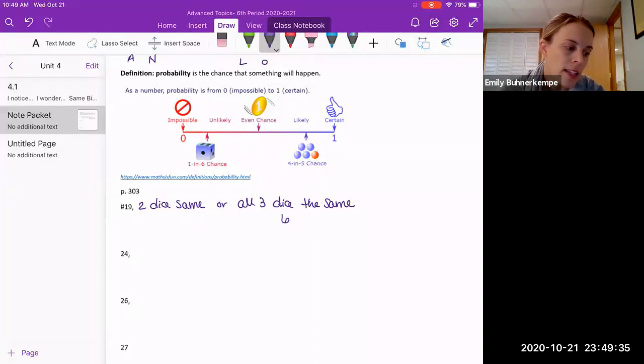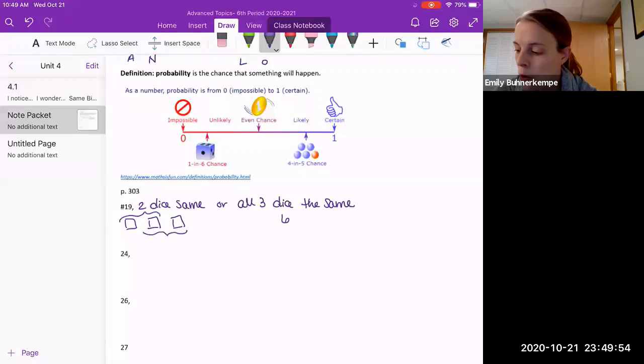For 2 of the dice to be the same, first we have to figure out which 2 dice will match. So either the first 2 could match, or the last 2 could match, or the first one and the last one could match.